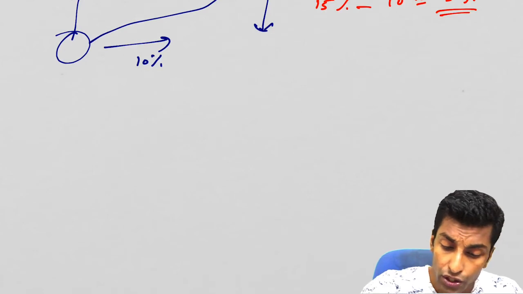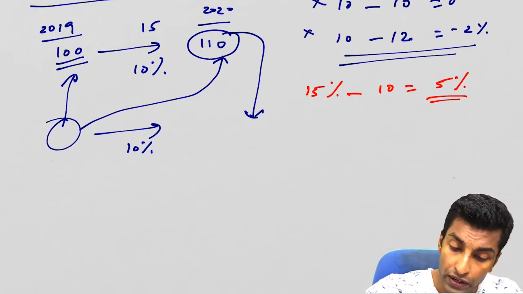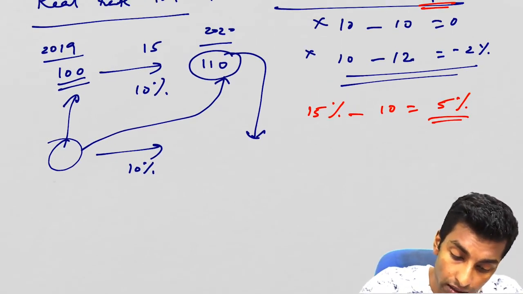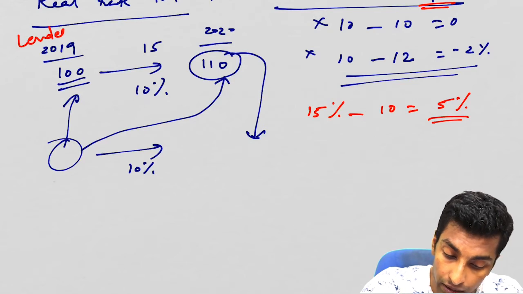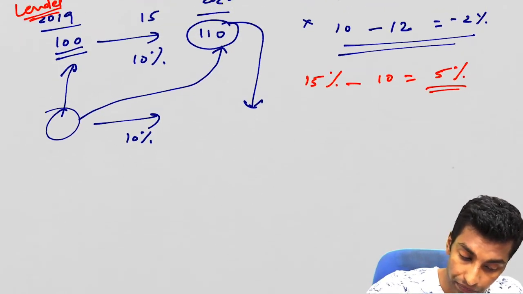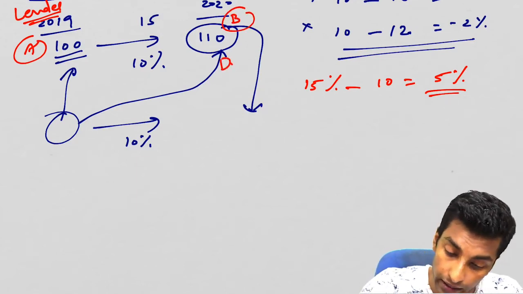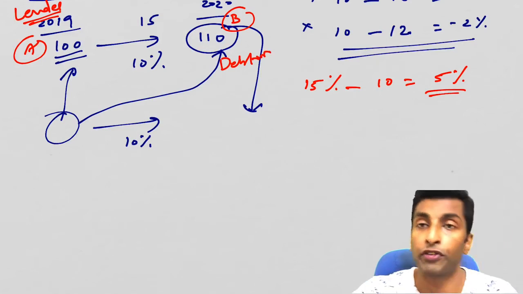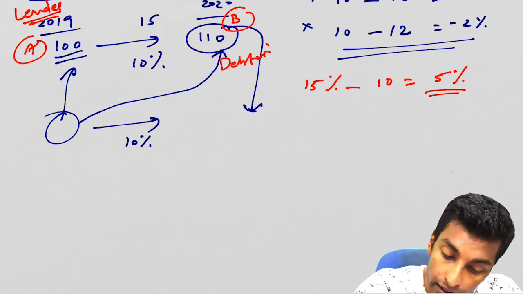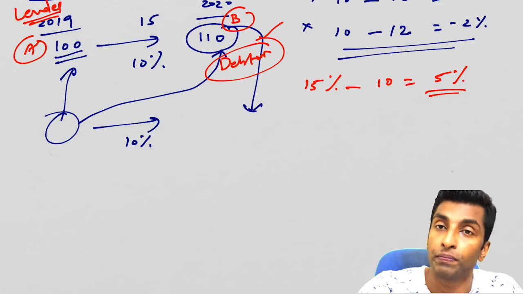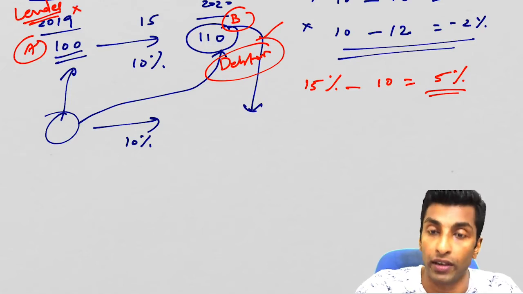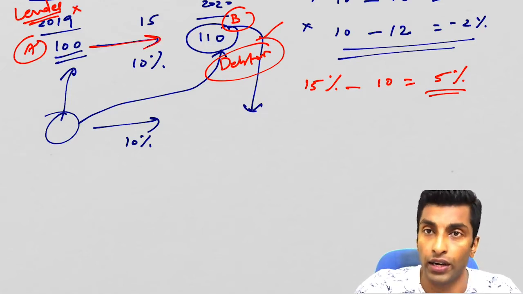So in case of inflation, who is benefiting? Let's say A is the lender and B is the borrower or the debtor. Who will benefit here? Actually, the debtor will benefit. The lender is not getting any benefit in an inflation situation, right?